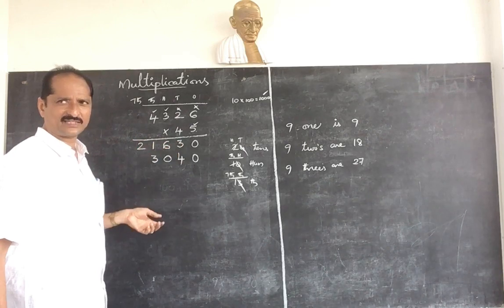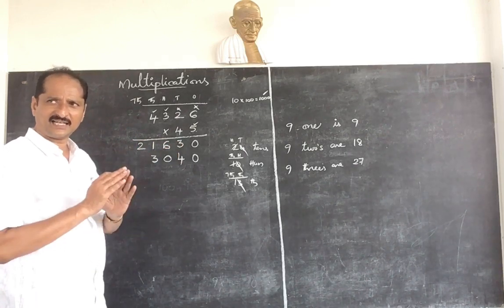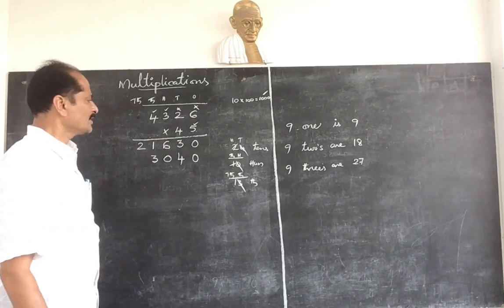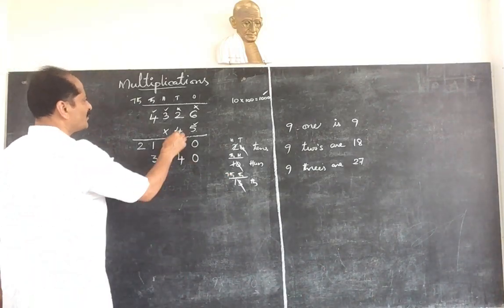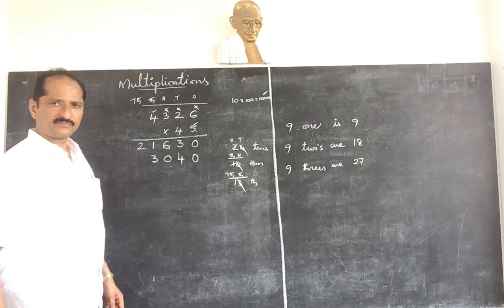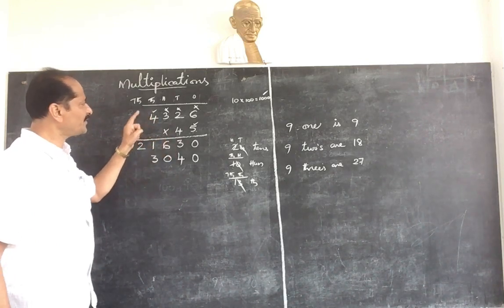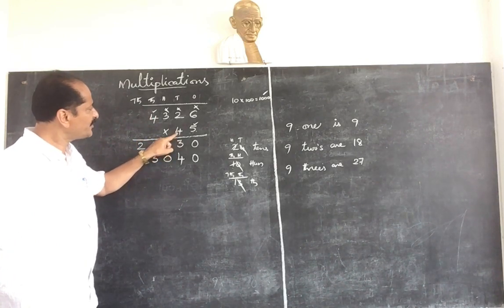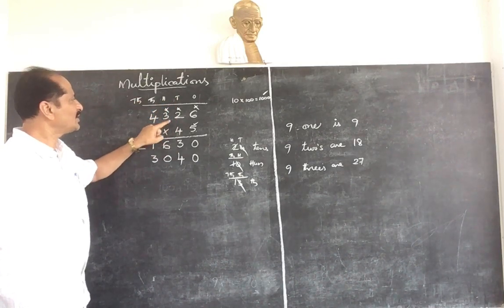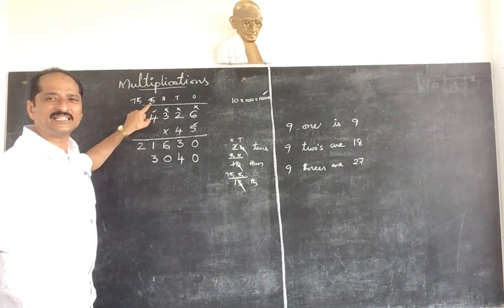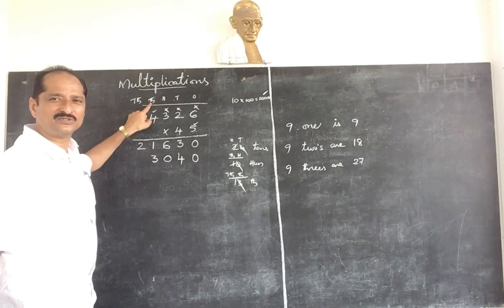Afterwards we can add all these ones, tens, hundreds. Then you will get the exact answer. Now 10,000 is left over. Keep it. Now we should multiply 4 with 4. Where is this 4? This 4 is in tens place. The other 4 is in thousands place. So tens place into thousands place, 10 into 1000.